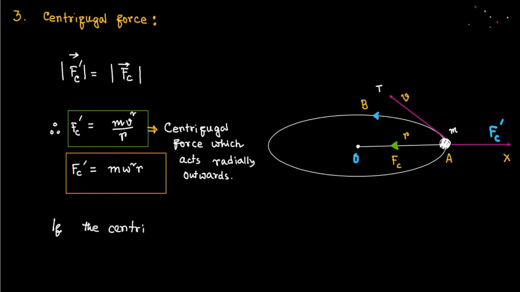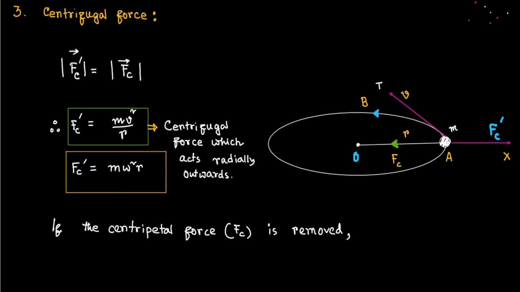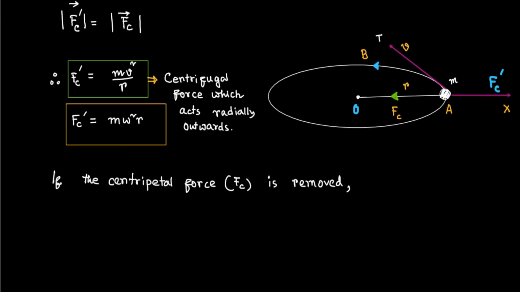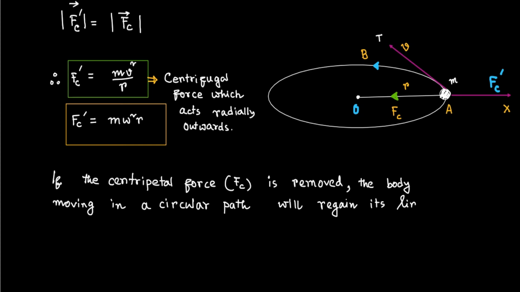If the centripetal force Fc is removed, then the body moving in a circular path will regain its linear motion.